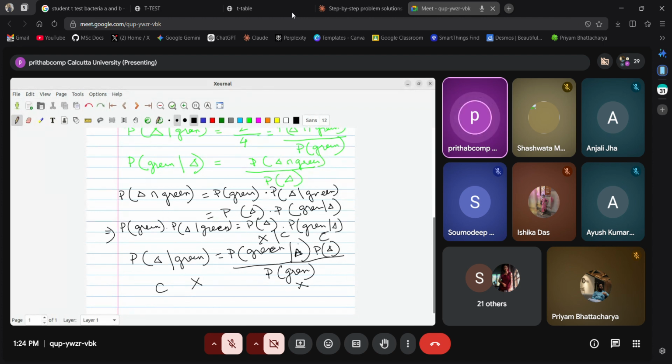One more thing we need to see: what is this probability of green, which we said is the marginal probability, right?